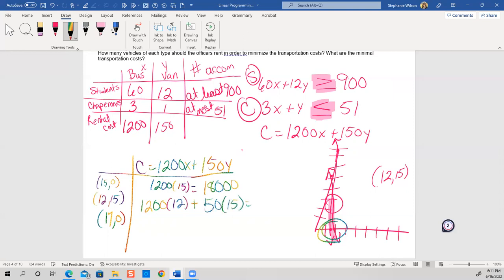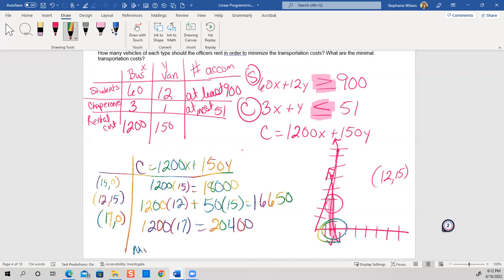And I get 16,650. And then let's plug in the 17. And we get 2,400.